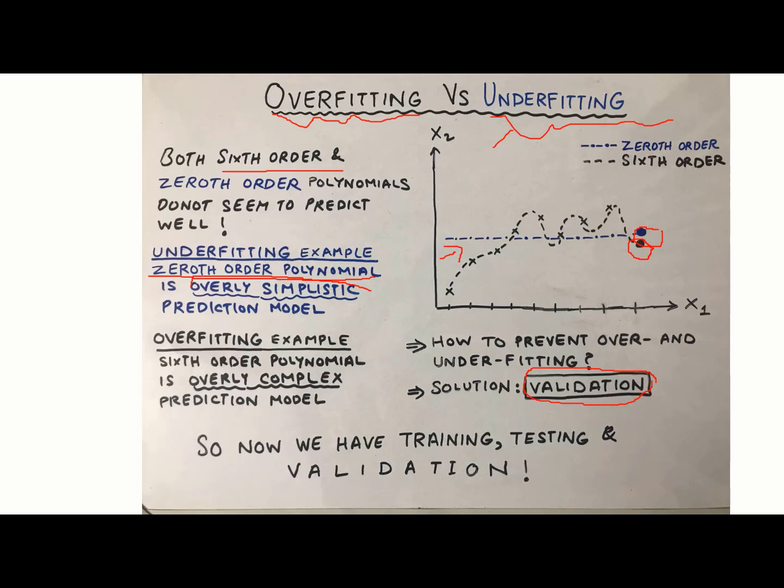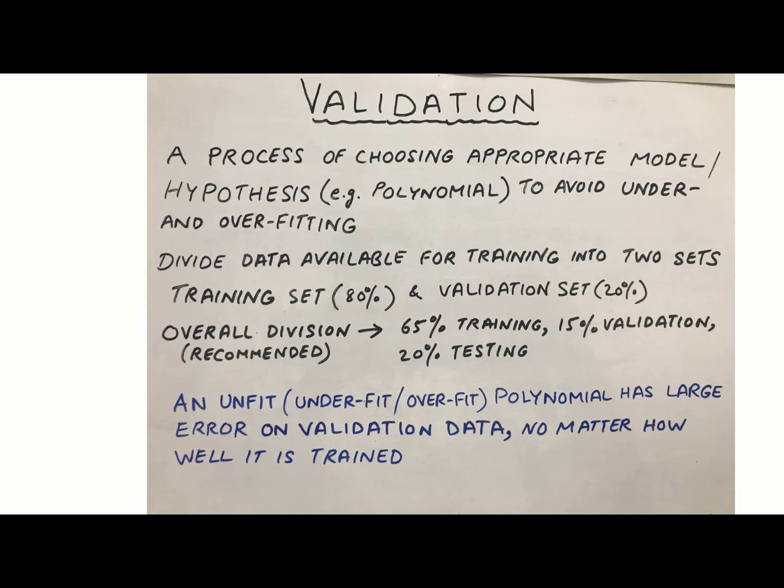Between testing and training, we'll introduce a concept of validation. Validation is a process of choosing an appropriate model or hypothesis, in this case the polynomial, to avoid under and overfitting. And the way we are going to do that is that we are going to divide our data available for training into two sets.